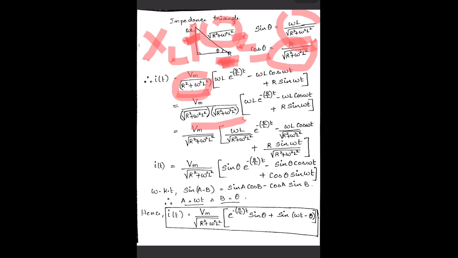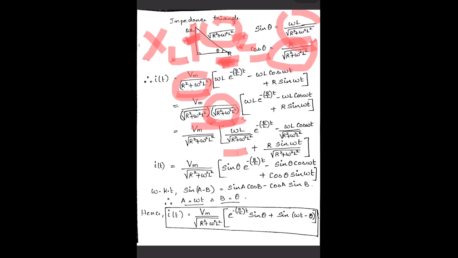Now from this, let us take one of the roots inside the brackets. So therefore you will be having this as omega L divided by root of r squared plus omega squared L squared e power of minus r by L t, and minus omega L divided by root of r squared plus omega squared L squared cos of omega t plus r sin omega t divided by root of r squared plus omega squared L squared.